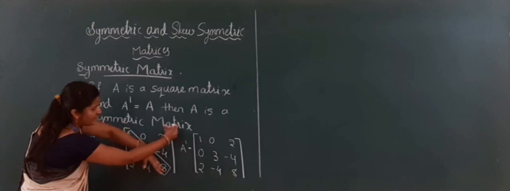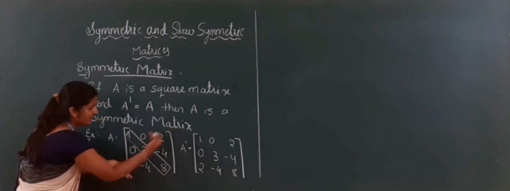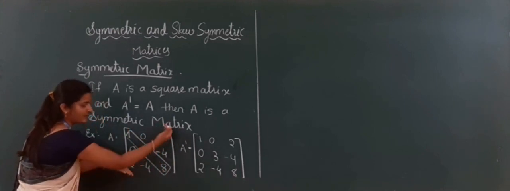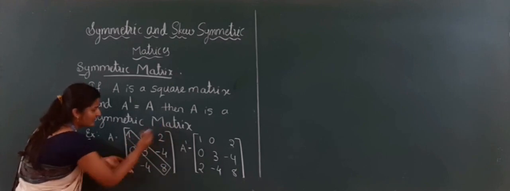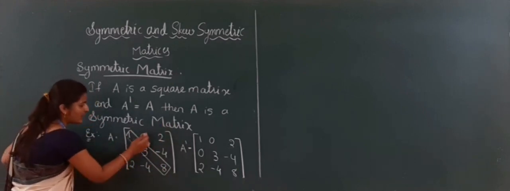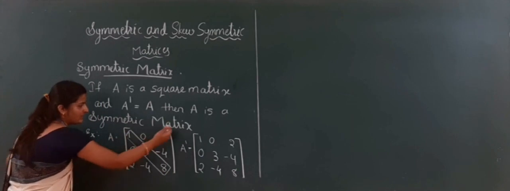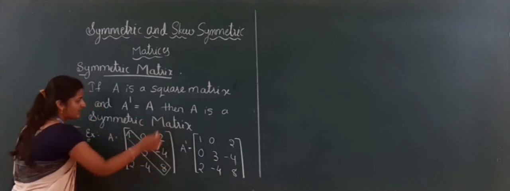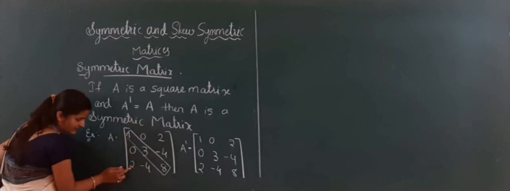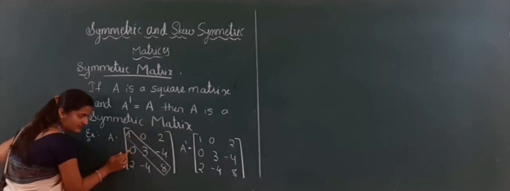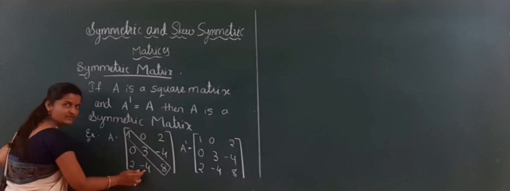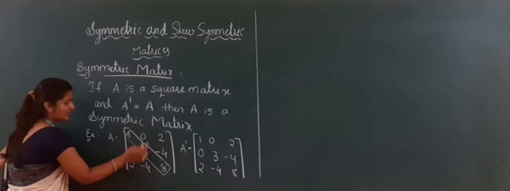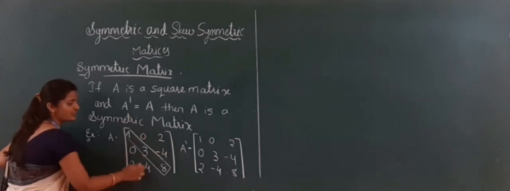if I fold this, there will be a triangle-like shape. After folding, there will be coinciding elements. So just imagine I have folded like this. This 2 coincides with 2, 0 coincides with 0, minus 4 coincides with minus 4. So these coinciding elements should be the same.